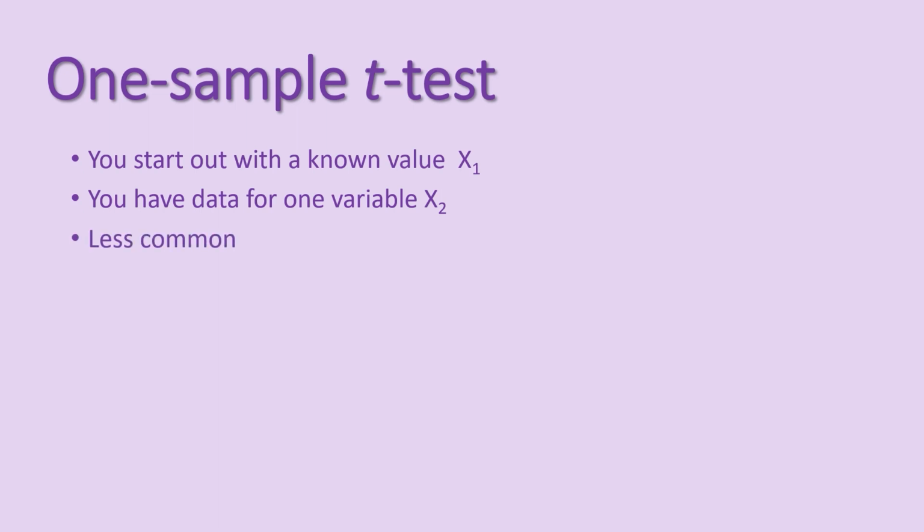In nursing, this is somewhat less common, but you can think of it in terms of maybe comparing a particular sample to the population, right? The mean of a sample to a known mean of a population, or the mean of your particular group to, let's say, a national standard or some reference value. Okay, that's where you would use it.